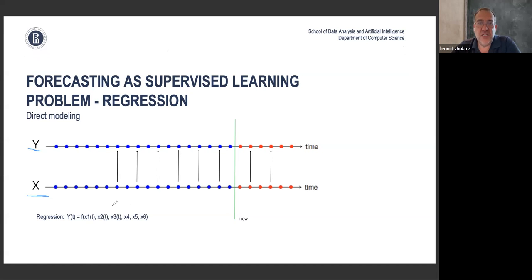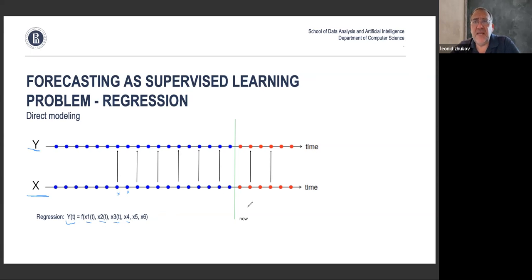Then we can actually just take part of the series and set up a regression model, saying variable y depends on the values of the factors, x1, x2, x3, x4, also at the same moment of time, right? So, at this moment of time, we take x values, we predict the y value at the next point, etc., etc.